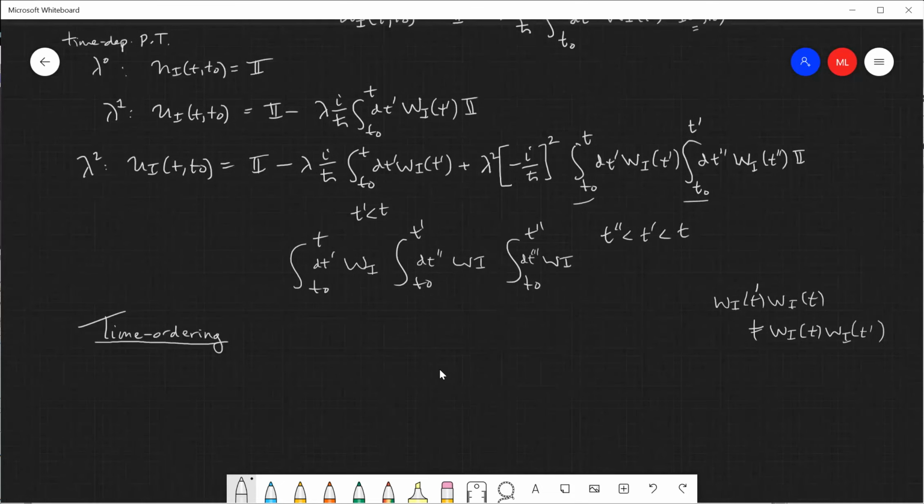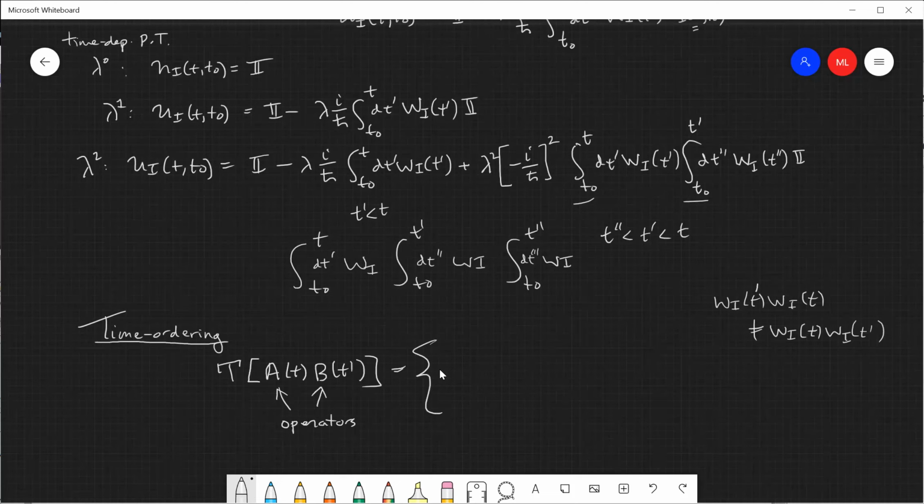So to avoid that, we introduce this concept of time ordering, which acts on a function of products of operators at different times. These are just some operators. Of course, they're going to be our W's, but just some operators that are time dependent. And the time ordering basically just puts them in the right order.